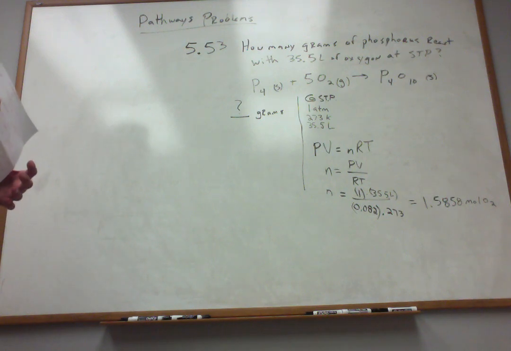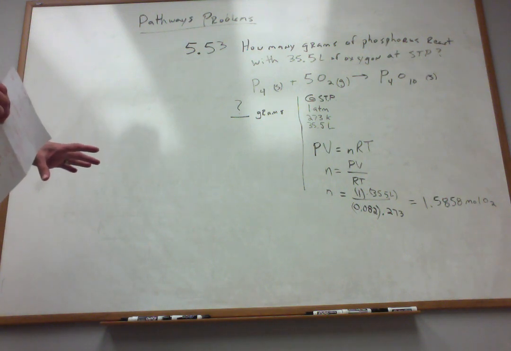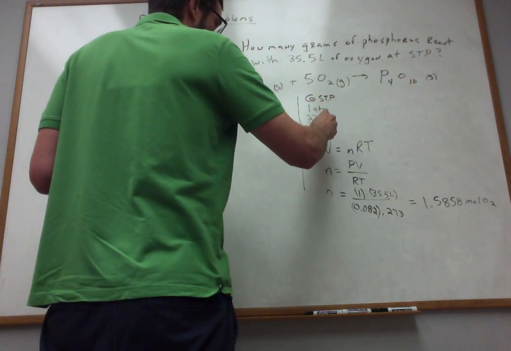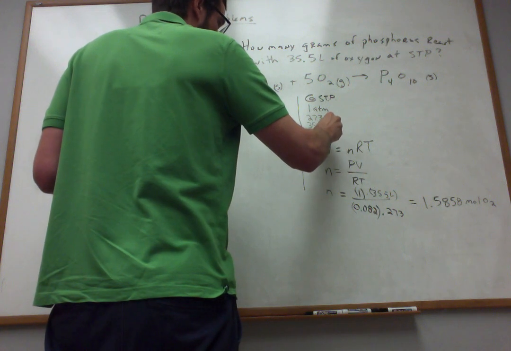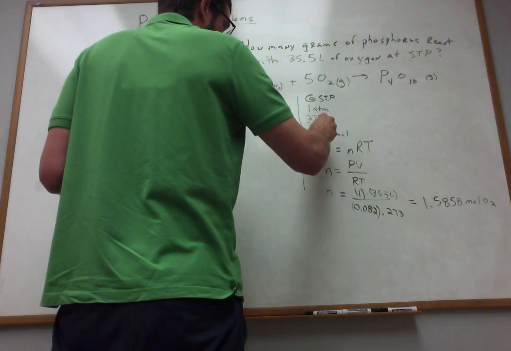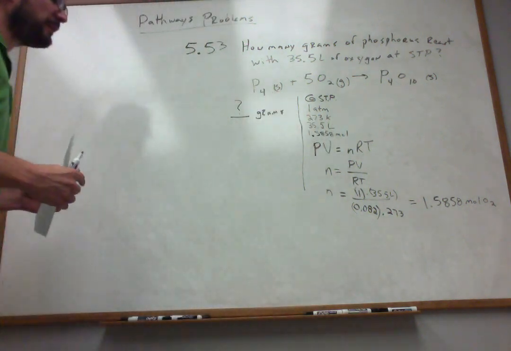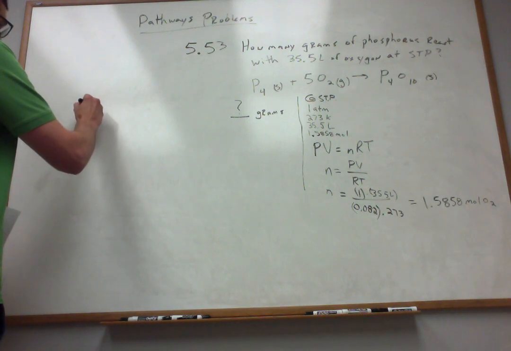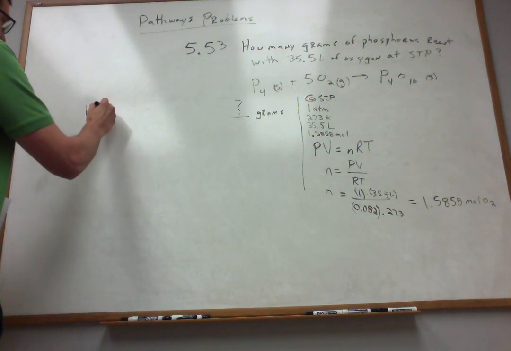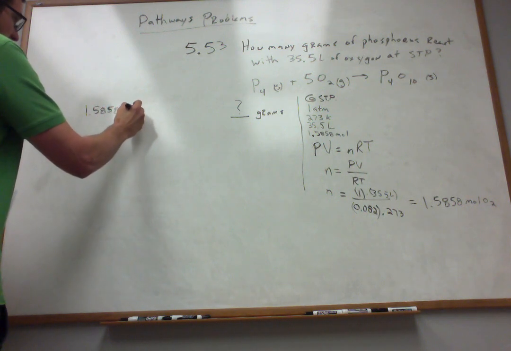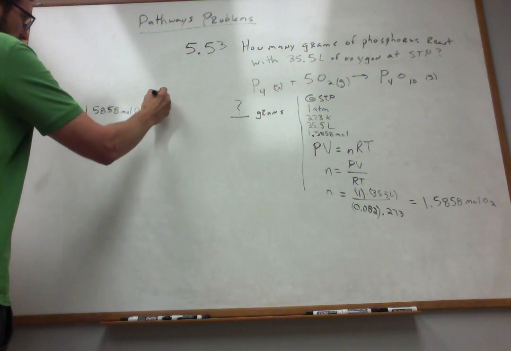So this makes the problem a little bit easier, because if I told you that you've got 1.5858 moles of oxygen that reacts with how many moles of phosphorus, maybe you could have more success at solving that. And that's sort of where we're at this point in the problem. Now I know I've got 1.5858 moles of oxygen.